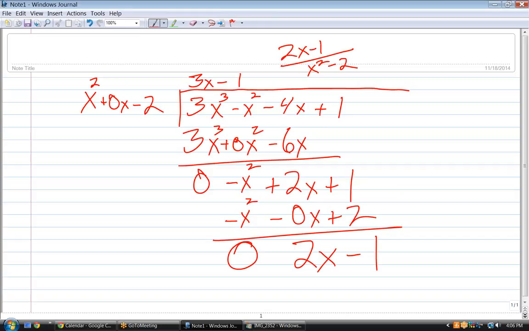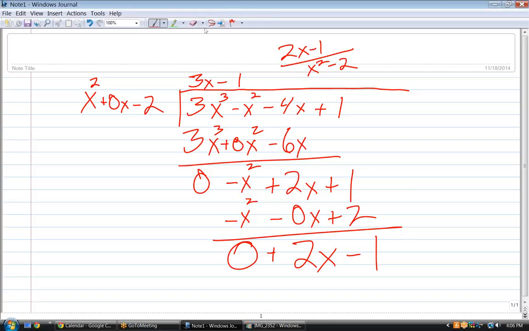And then is it 3x minus 1 plus 2x minus 1 over x squared minus 2, or is it multiplication? It's plus. You always add the remainder. Unless, of course, it's nothing but negative signs, and then you could say you would subtract it. Subtraction is, I mean, you can add a negative. So that's the way you do long division.